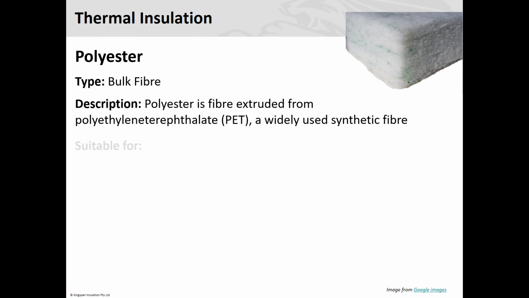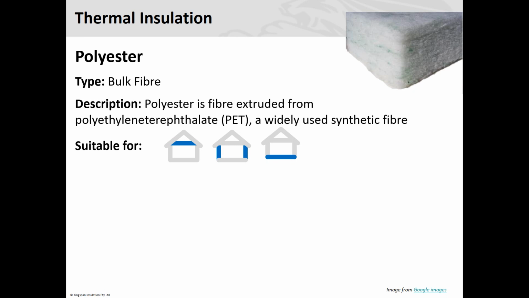Some other insulations that get used, typically when people have asthma and those types of things, would be polyester. The very same material that might be in your pillows or your quilt. They get used quite widely in that type of construction, quite a fair bit in schools.